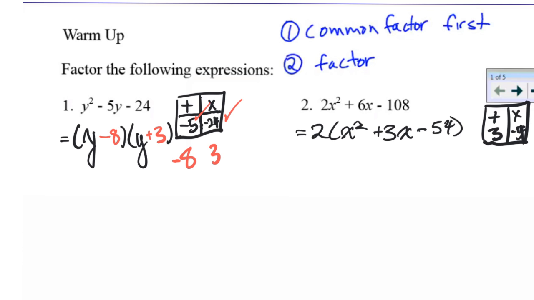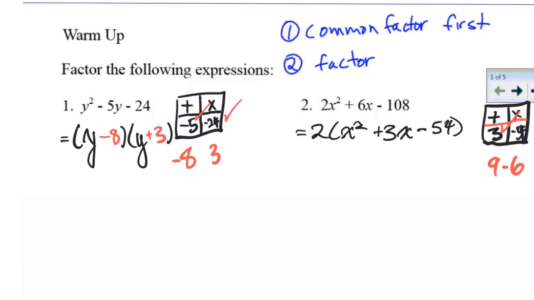When you do the calculations, you'll find 9 and 6: 9 times negative 6 gives us negative 54, and 9 minus 6 gives us our positive 3, which is what we're looking for.